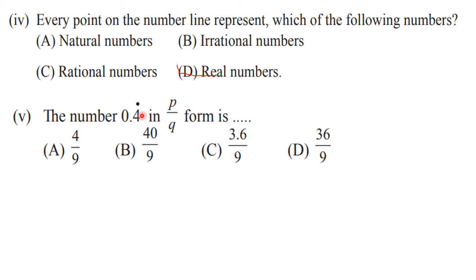For 2 digits, it will be that number upon 99. If 3, then that number upon 999. Okay, but you should have 0 point something here. You should not have any other number. So if you have 0 point something, then you can very easily find the p upon q form.